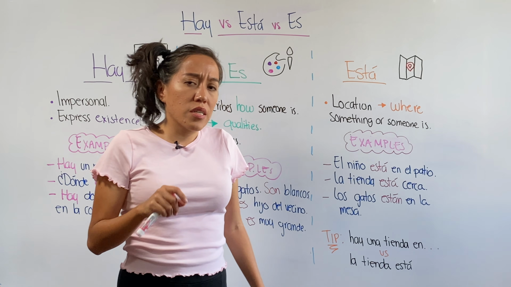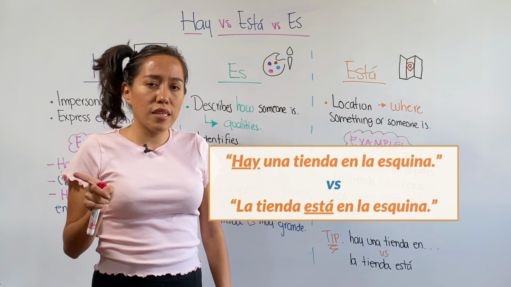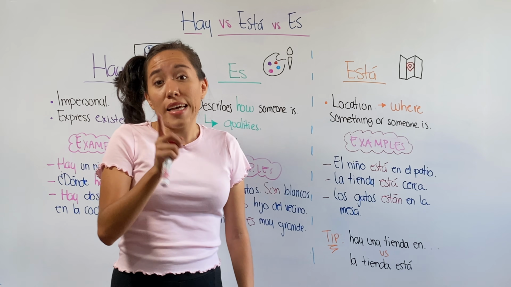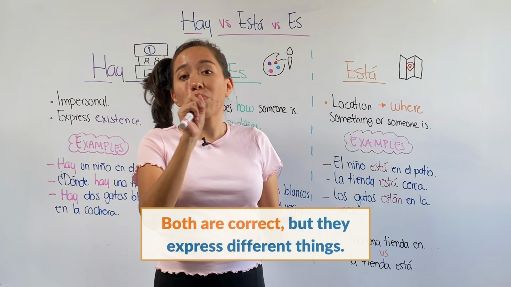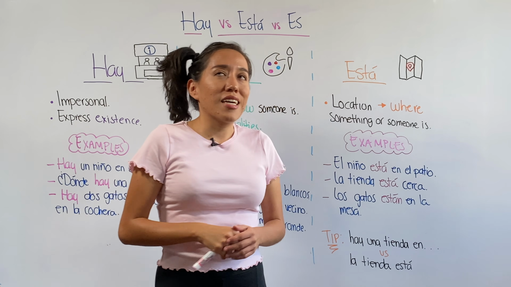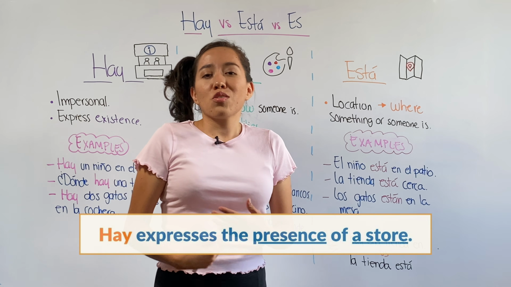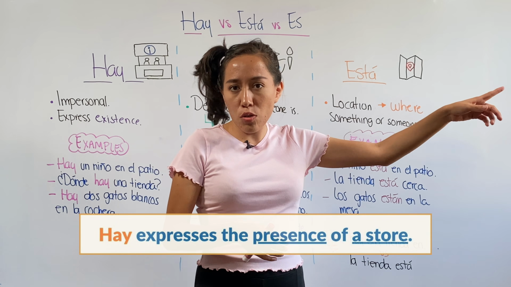So, what's the difference? Can you say something like, hay una tienda en la esquina versus la tienda está en la esquina? Yes, you can totally say those sentences. They are correct. However, they express different things. If I say, hay una tienda en la esquina, there is a store on the corner, I'm just being the information booth telling you, hey, there is a store over there, okay?